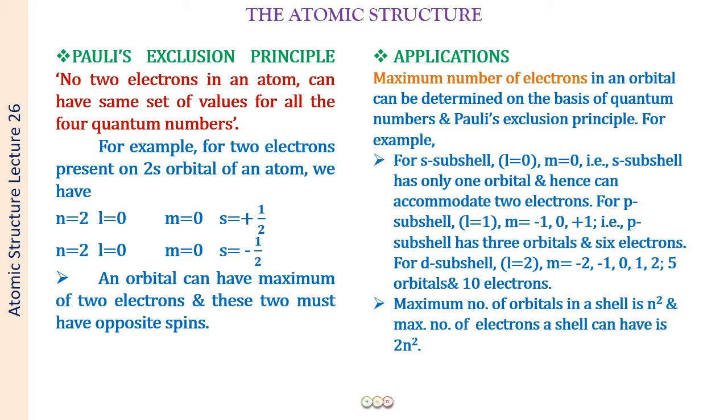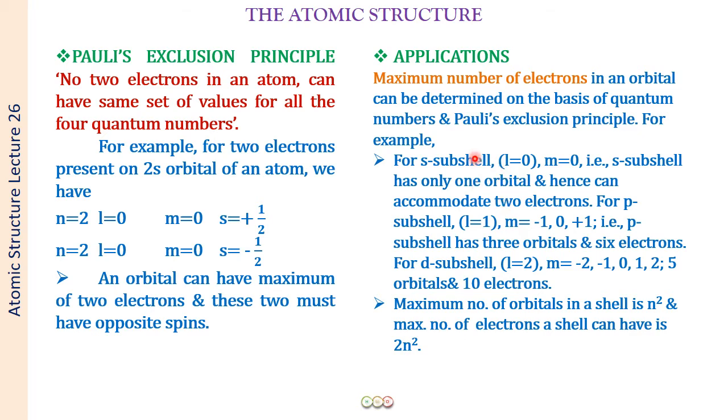The further application of this Pauli's exclusion principle is that we can calculate the maximum number of electrons in a subshell and a shell also. For example, if we have the s subshell, l is 0, m is 0. So the s subshell has only one orbital, and one orbital can accommodate only 2 electrons.